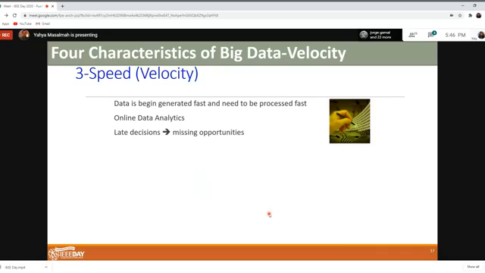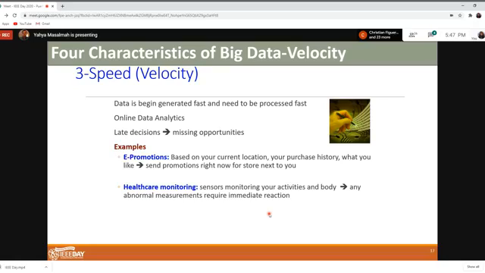Velocity is very important, as are the rest of the characteristics, because as I said, you have a stream of data, and from this stream you need to extract knowledge, take decisions, and have a low margin of error in taking them. When you decide late, you will lose the opportunity. That's why velocity is important. Nowadays, if you visit any page, the next time you enter you can see that it remembers.